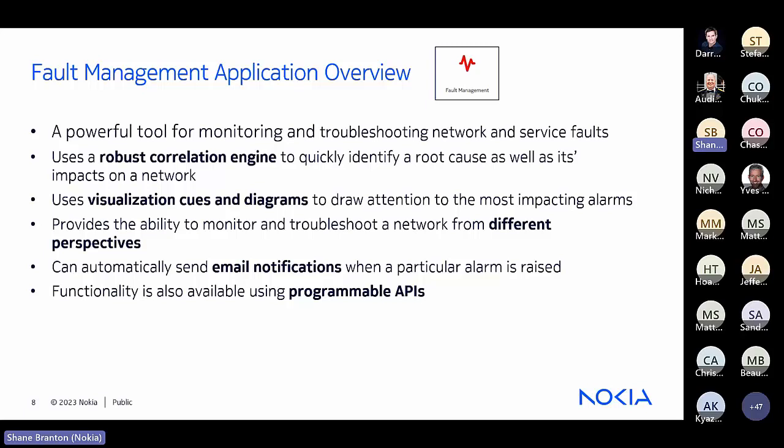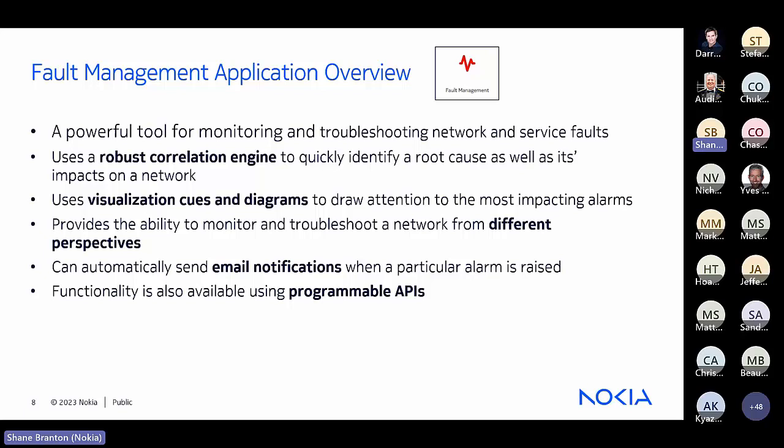So what are we going to see here in the fault management application overview? What I like to mention is really the difference from the NFM-P Java UI. Right off the hop, what I find is probably the most important thing out of the fault management application, and actually out of all these applications, is the robust correlation engine. Now, I say correlation engine because from an NFM-P standpoint, you're probably used to hearing the term correlation or correlated.